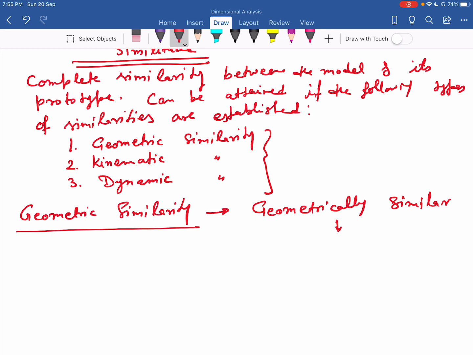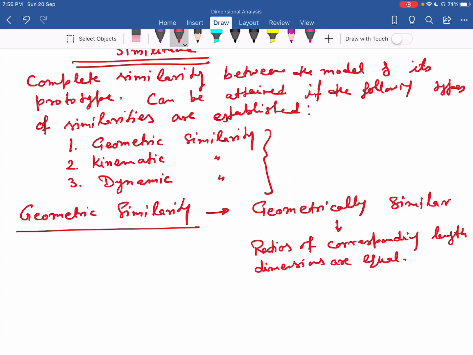It means the ratios of the corresponding length dimensions are equal.